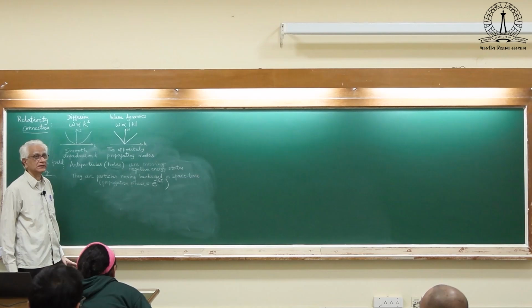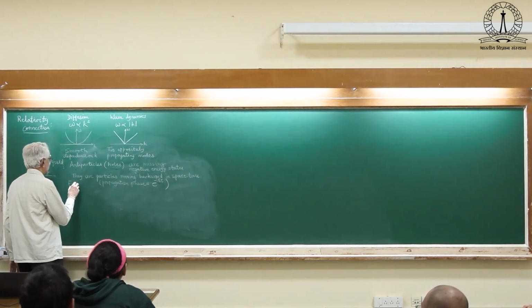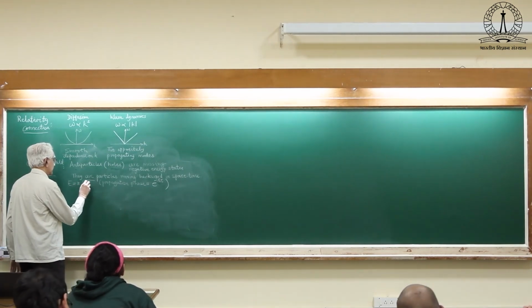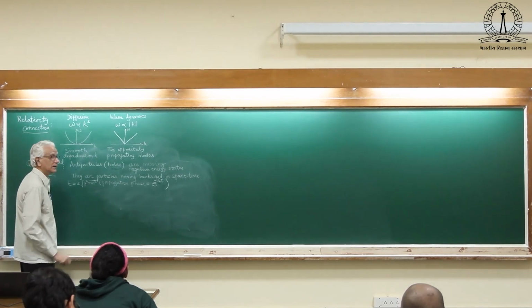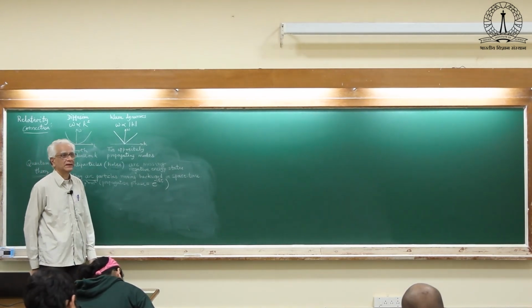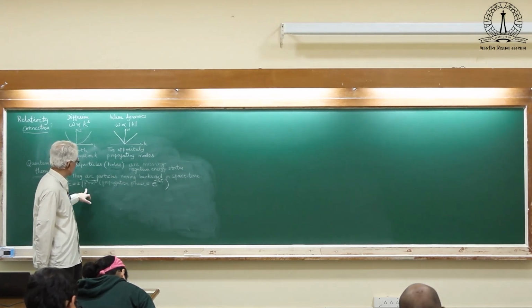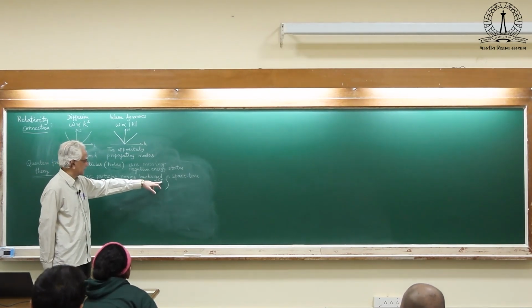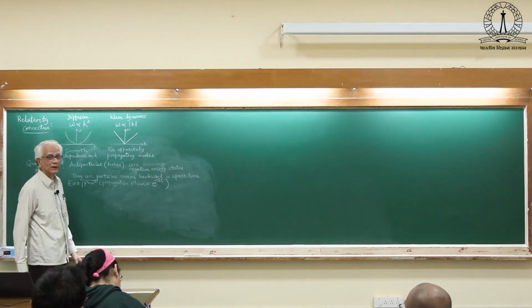There are two solutions written in the particle language, two signs in front of the square root, and so there is a positive energy and a negative energy, and you juggle around them in some way, whichever way you want.